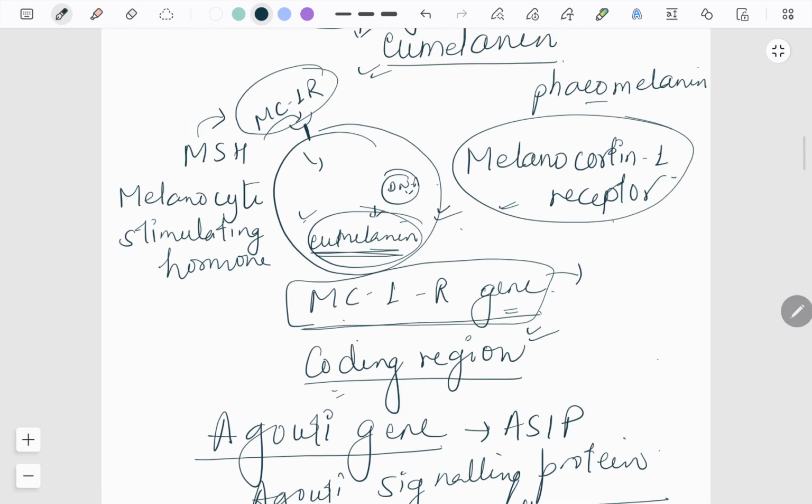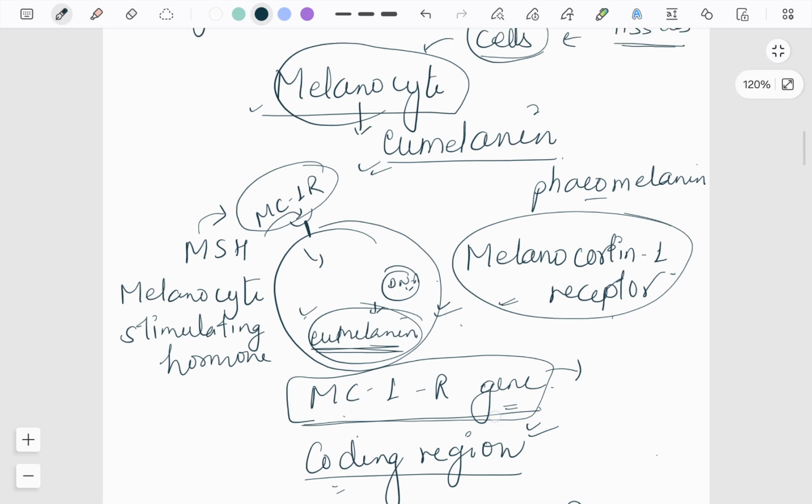What does it do? Normally the cell, melanocyte, its chair, if it is normal, meaning this MC1R receptor is normal and MSH sits normally, then it produces eumelanin. After a certain production, now enough is produced, then someone has to come to stop that. We don't need too much of this pigment.